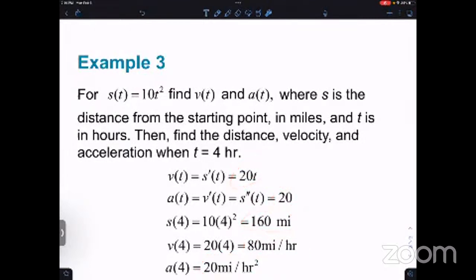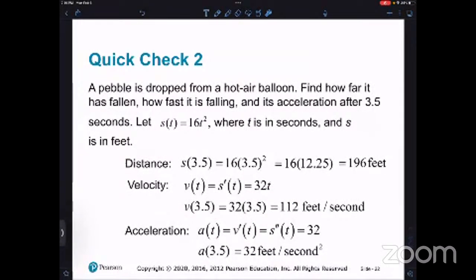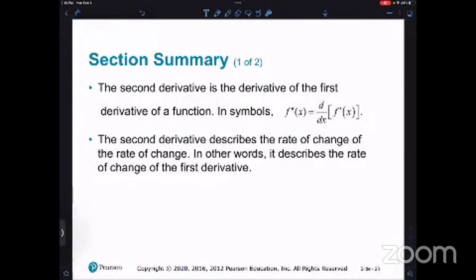Quick check again, we usually leave this as an example for you guys. And that officially brings us to the end of chapter 1. We are rapidly approaching exam 1. My college algebra courses are taking their exam this week, but you guys are a little bit different. Your exam 1 you can anticipate during week 6.